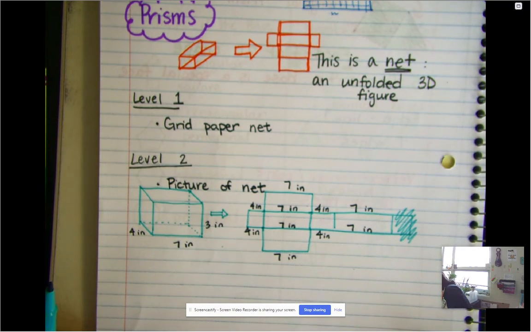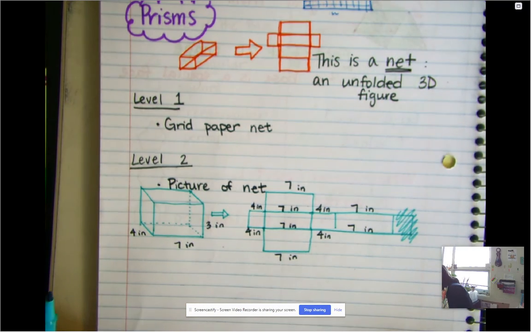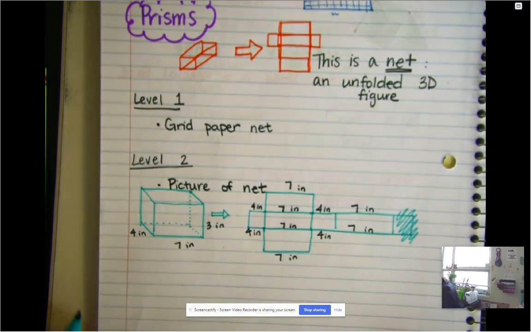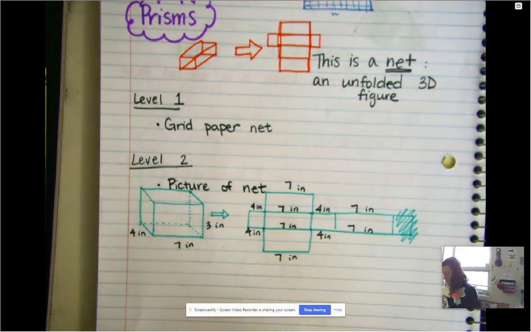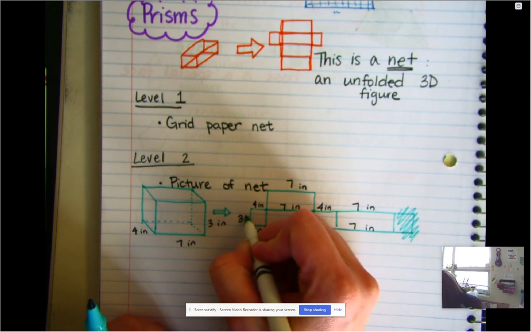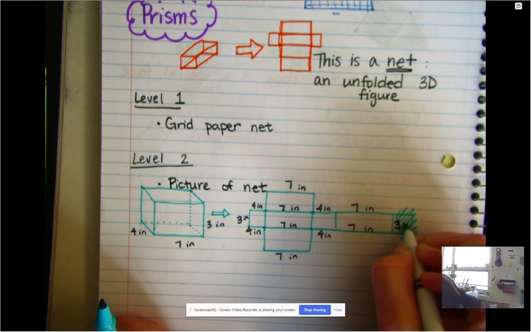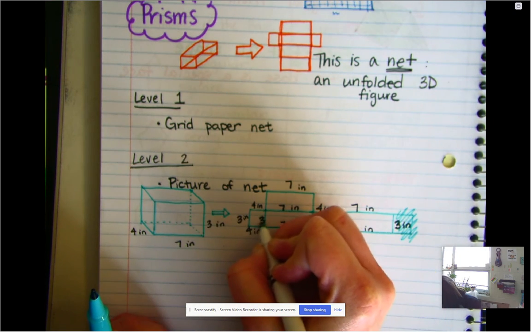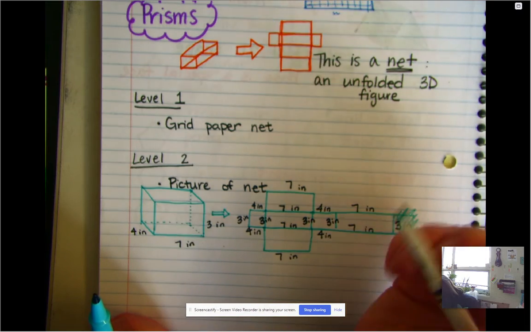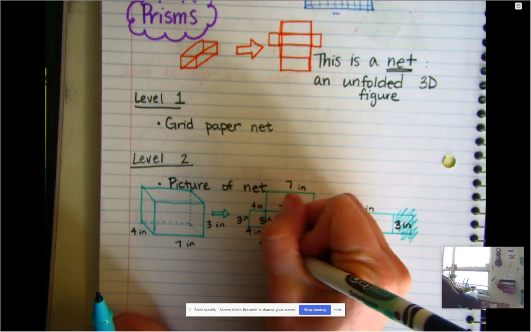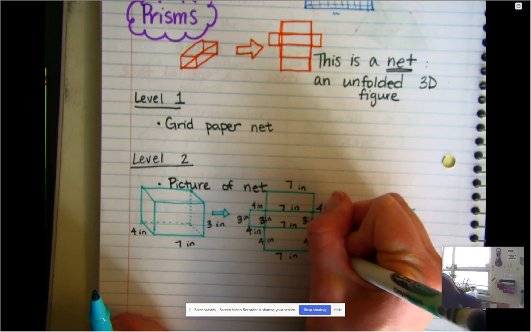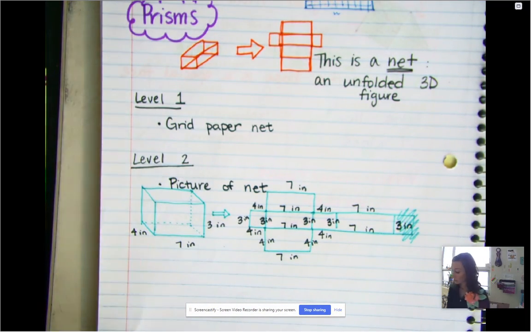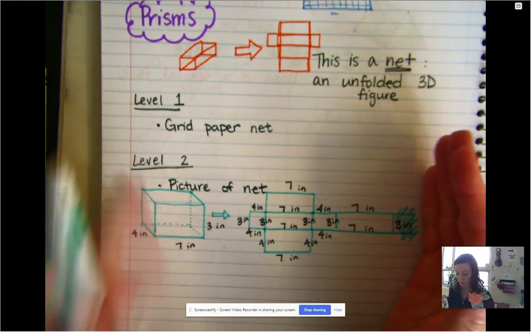And then where's the 3-inch piece? These are 3 inches, all these little guys right here. By the way, these are also 4 inches on the sides here. Now it's just looking crazy because there's a lot of writing. But essentially, I'm saying that that would be given to you.